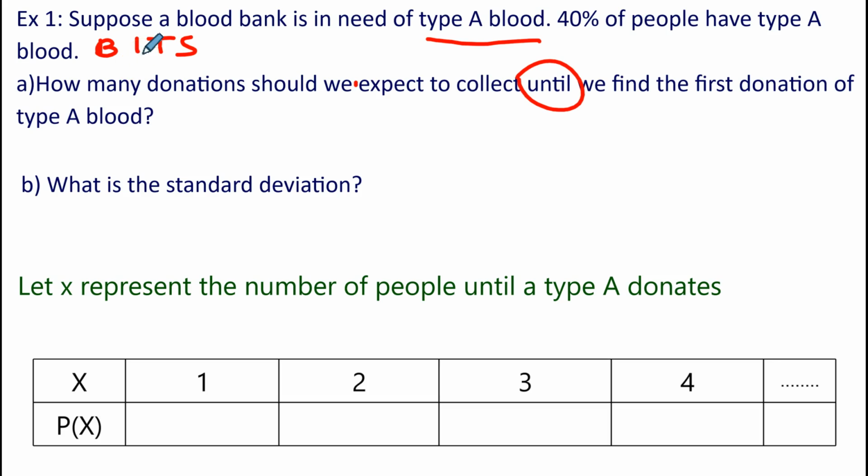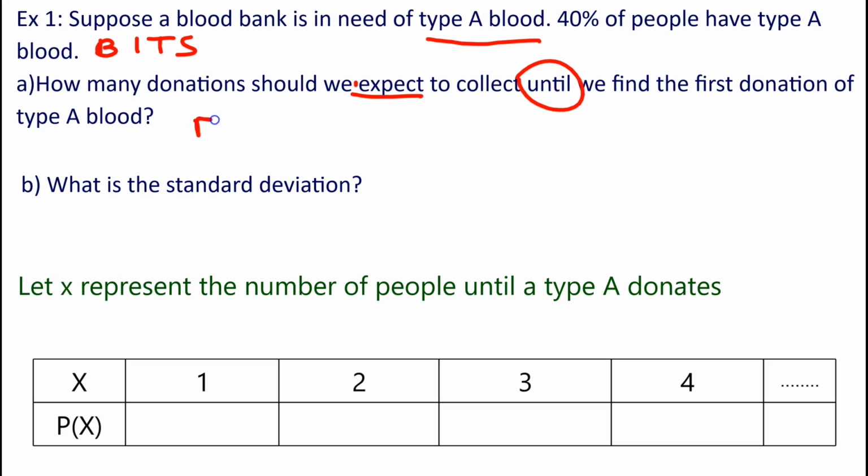Each individual donor we're assuming is independent. T, we're waiting until we see the first donation of type A blood. And S, it's the same probability for each individual. So we have BITS, and therefore we can use the formulas for geometric distribution.